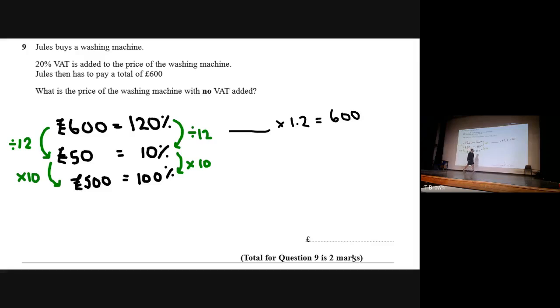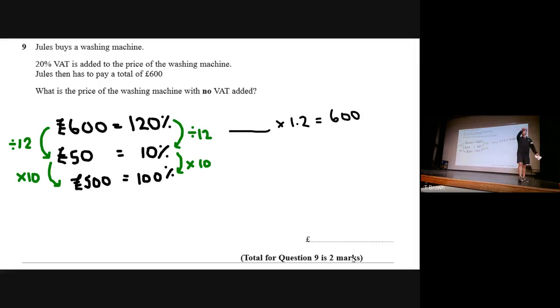We then will know what 100% is because we times 10% by 10 to give you 100%. 50 times by 10 gives you £500 as the price of the washing machine. And then you could double check that because to add 20%, you add 20% onto 500, so 20% of 500 is £100.